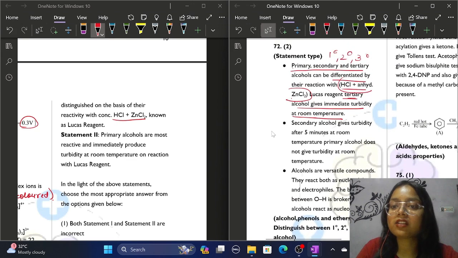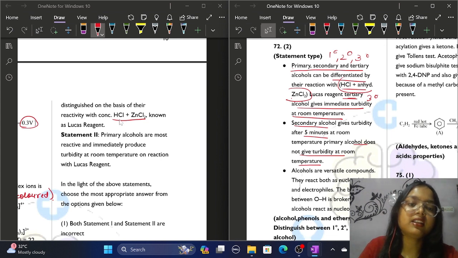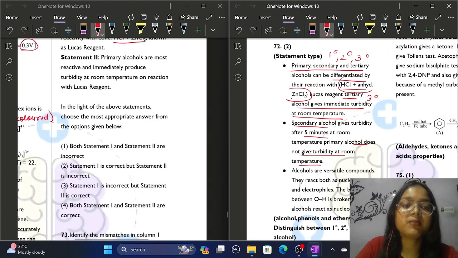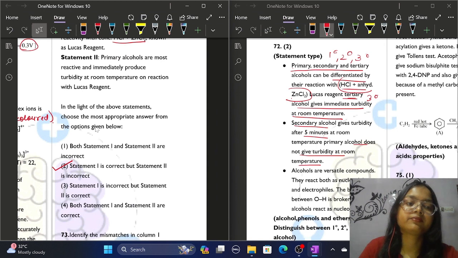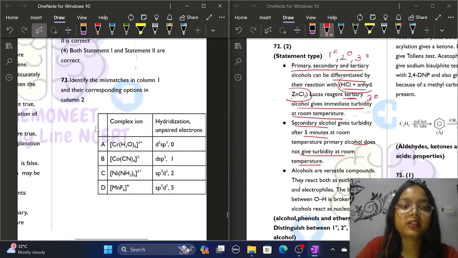Tertiary alcohol is the only one which will give turbidity immediately at room temperature. The secondary alcohol gives turbidity in 5 minutes at room temperature, and the primary alcohol does not give turbidity at room temperature. So what will be the correct option? Statement 1 is correct, but statement 2 is incorrect.